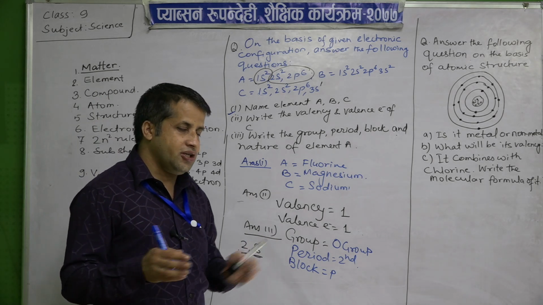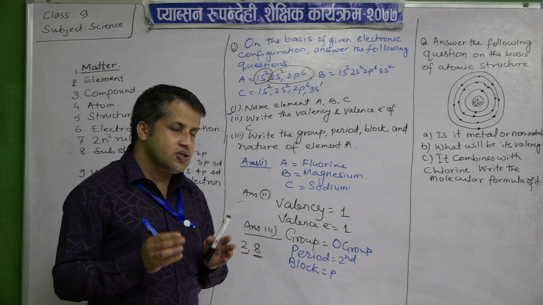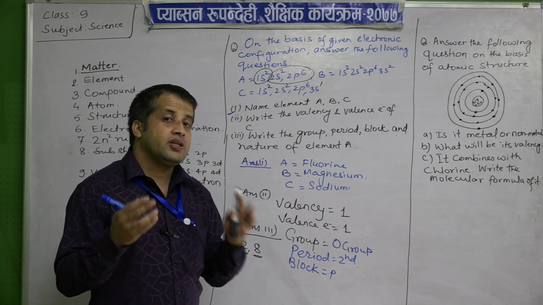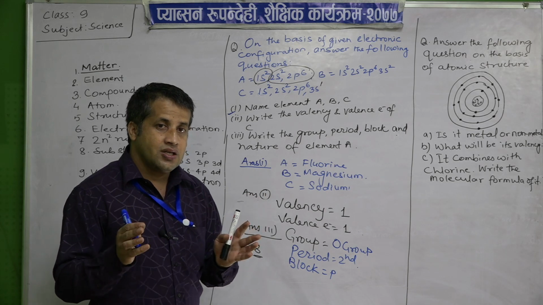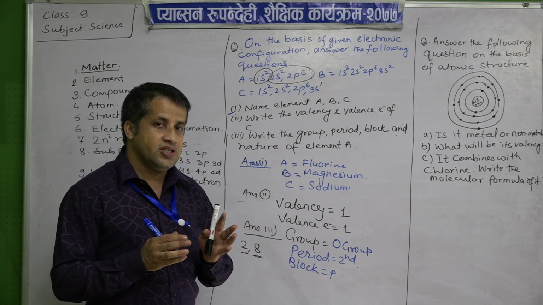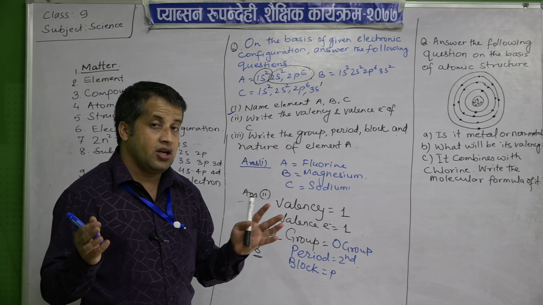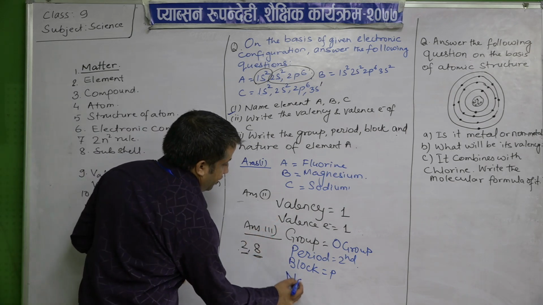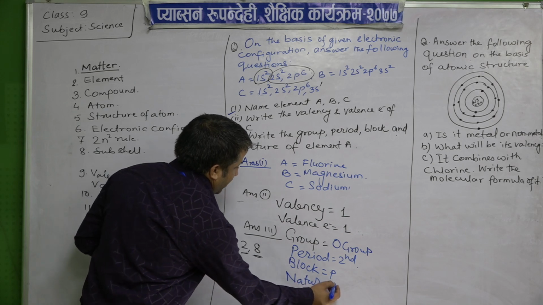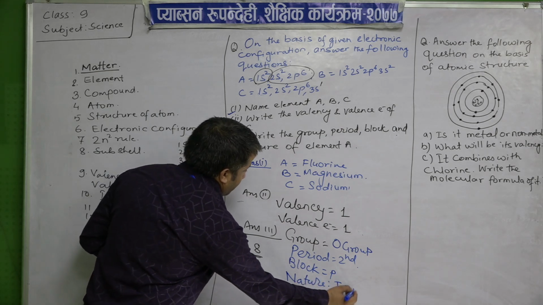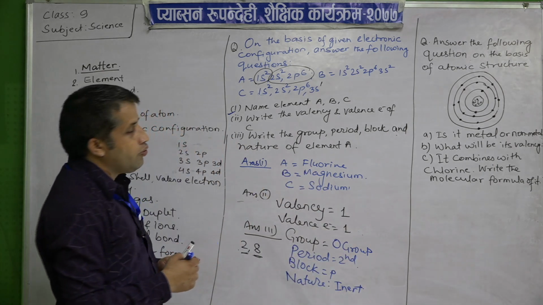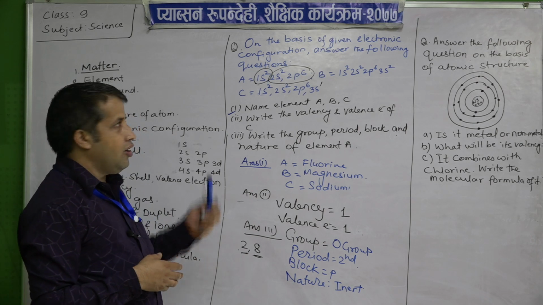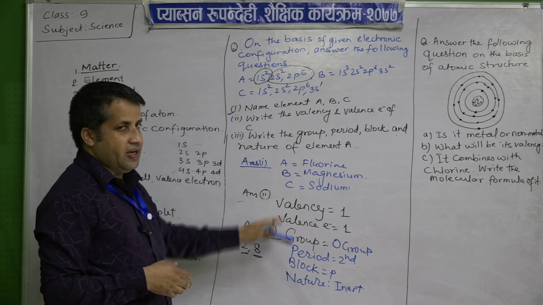It does not react, its valency is 0. So it does not react with any other element. That's why it is called inert gas. So its nature is inertness. So you can write it is inert. In this way you can write the answers of the questions which come in this manner.